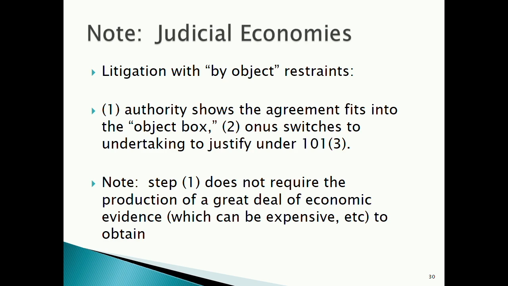So the authority shows it fits in the object box, it's an object restraint, and then the onus switches to the undertaking involved to show either it doesn't fit as an object restraint or alternatively there's a 101(3) defense. Now note, step 1 does not involve the production of a huge amount of economic evidence.